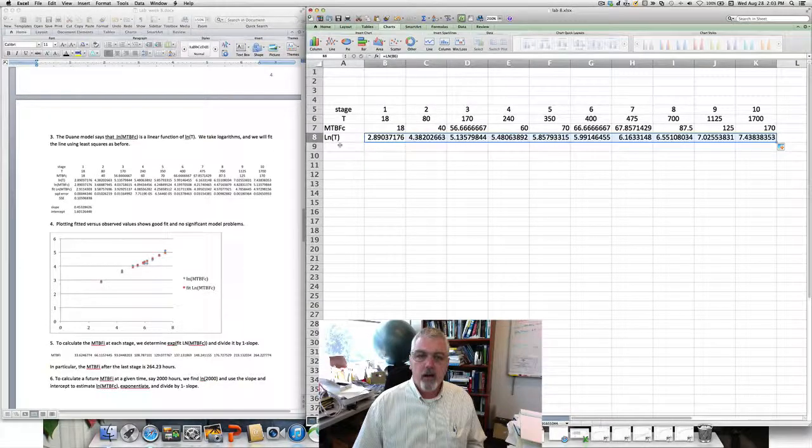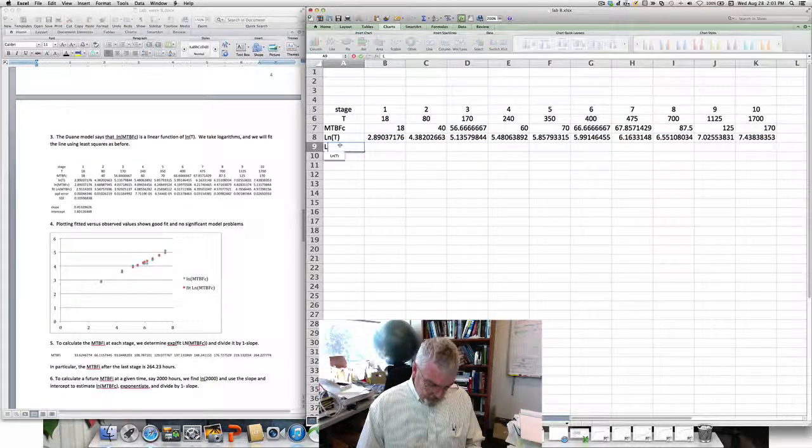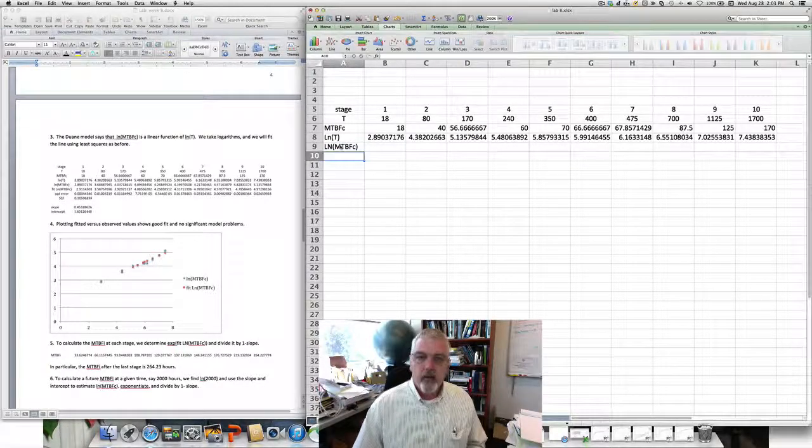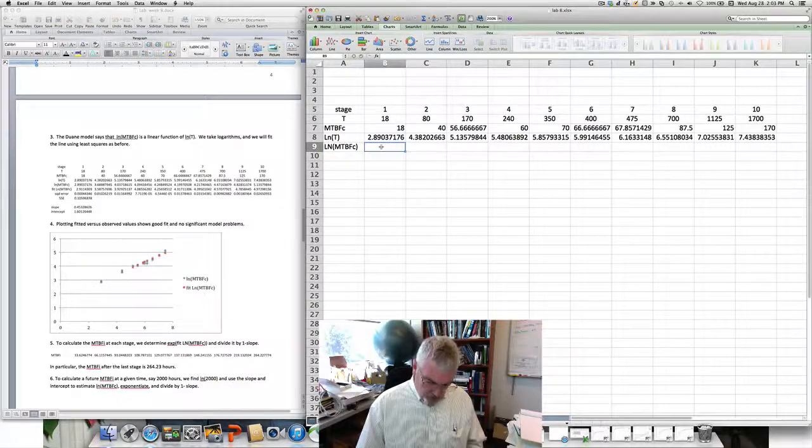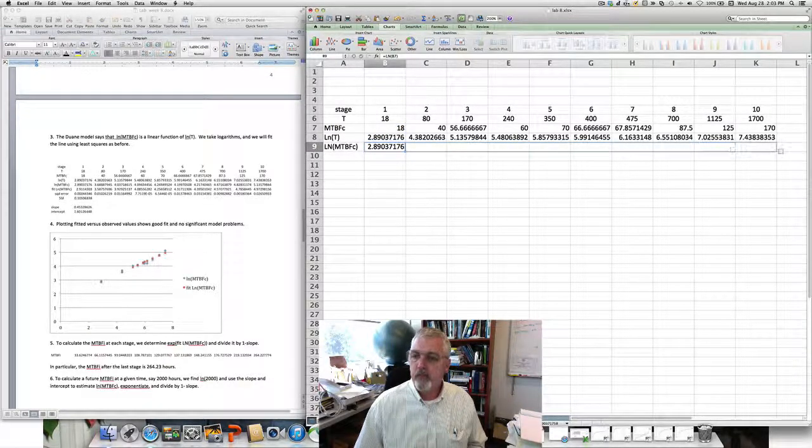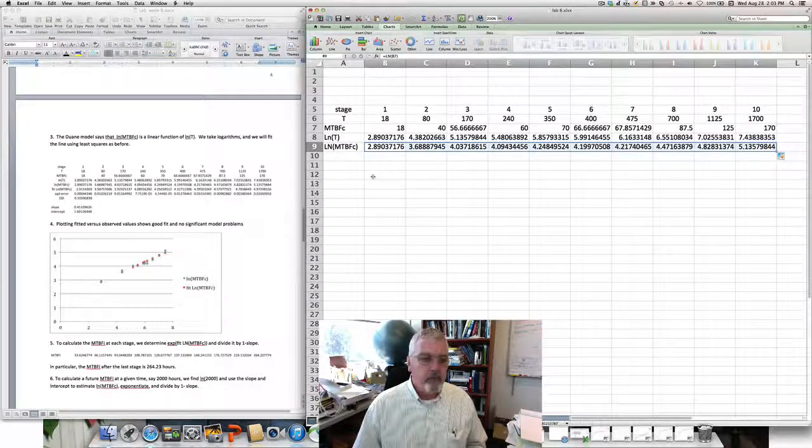And the log of the mean cumulative failure time, which is equal to the log of here, and then we copy that over as well. Okay, so the idea is that this should be a linear function of the other. So that's easy to check.